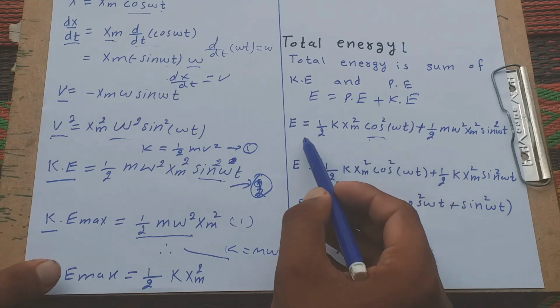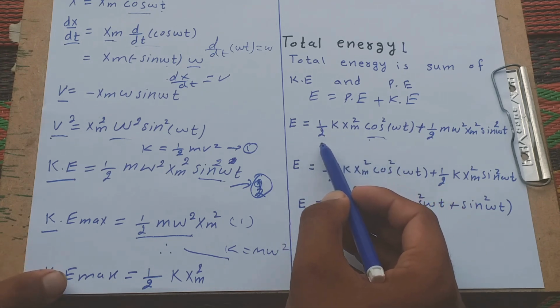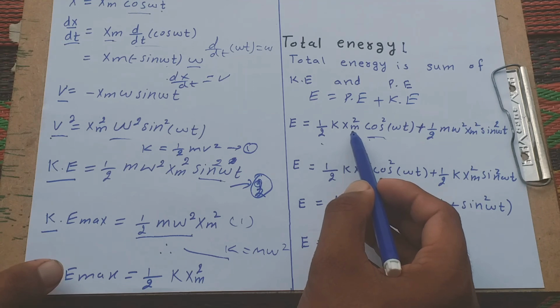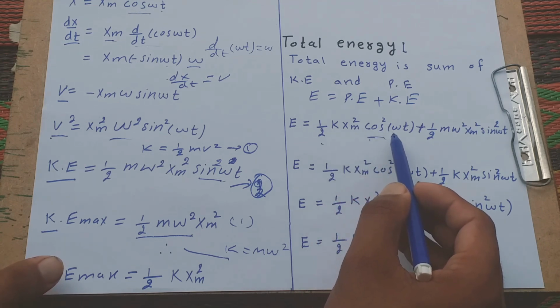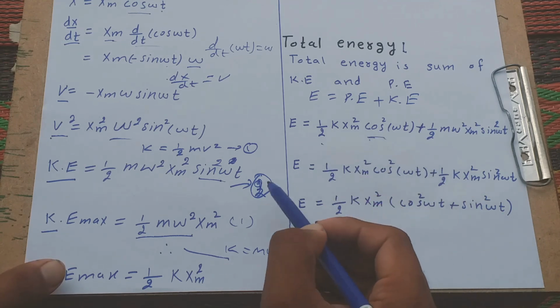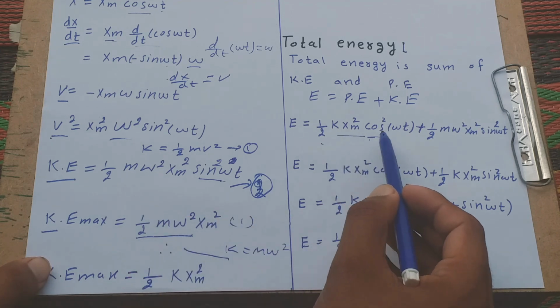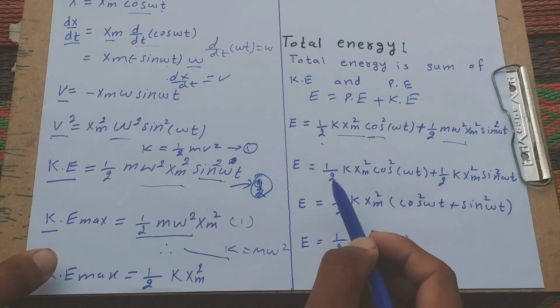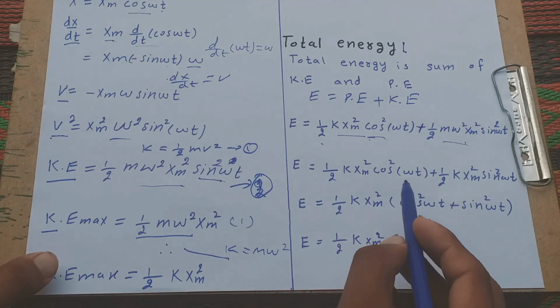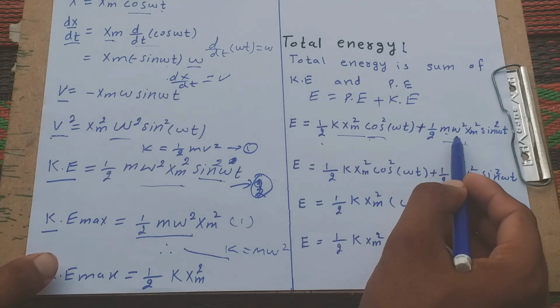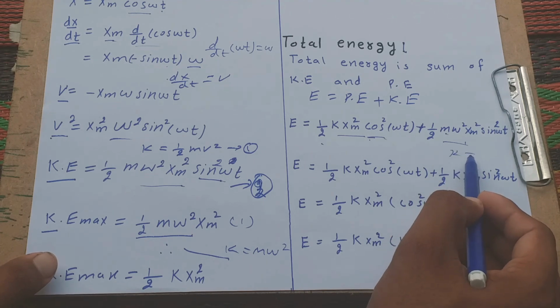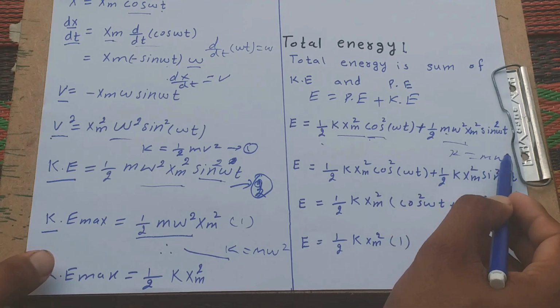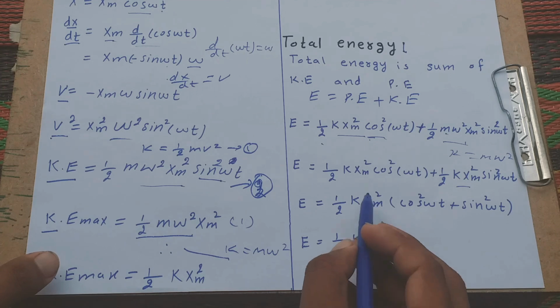Okay, potential energy, we know that potential energy is equal to half k xm square cos square omega t plus kinetic energy. This is potential energy and this is kinetic energy. This value we use here.